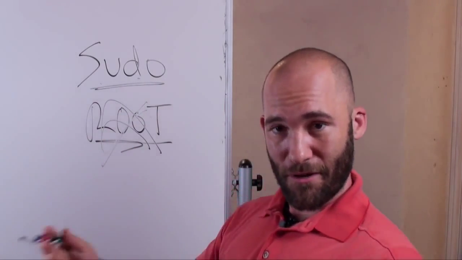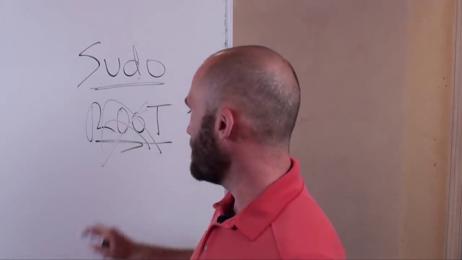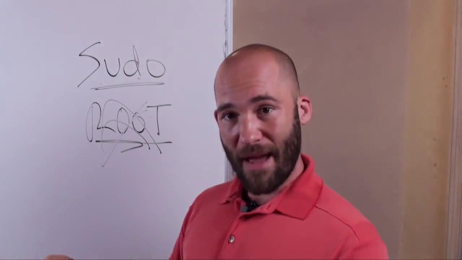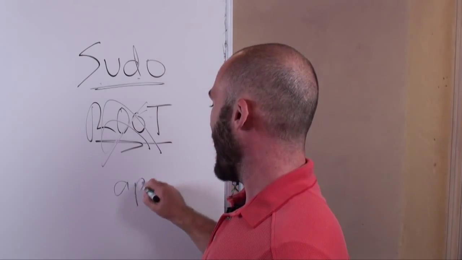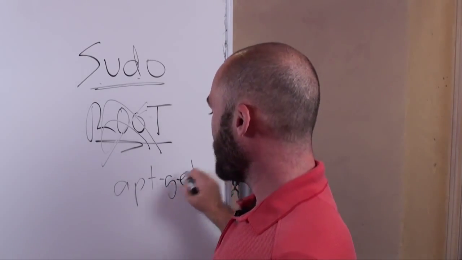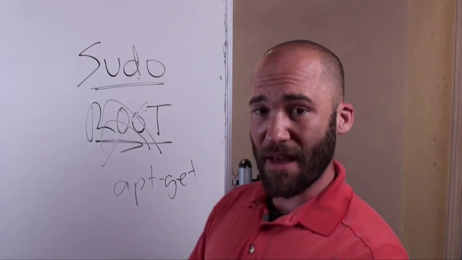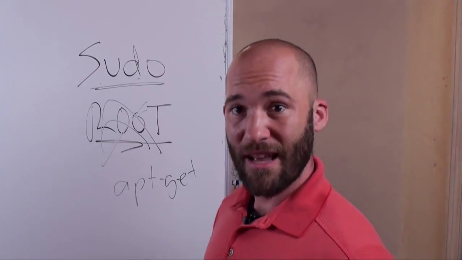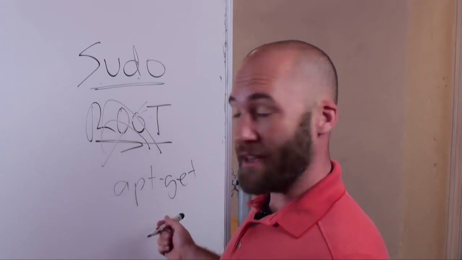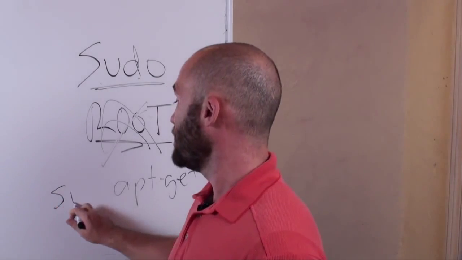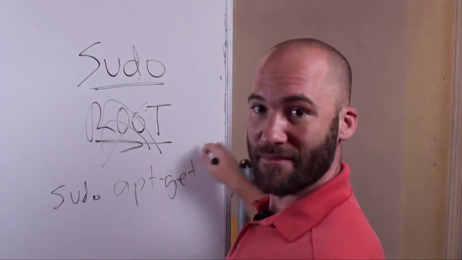So if you're going to install a program, like we'll talk about in a minute, the command for installing a program is called apt-get. Well, if you run apt-get, nothing will happen because you don't have permission as your user account to do apt-get. So what you would do is you would say sudo apt-get, etc.